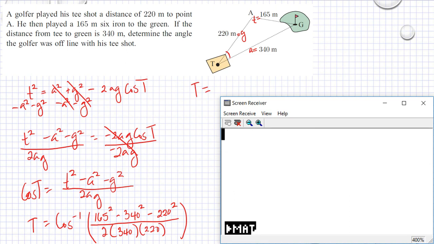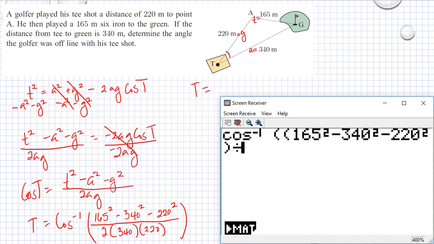We have arc cosine, 165 squared minus 340 squared minus 220 squared divided by 2 times 340 times 220.